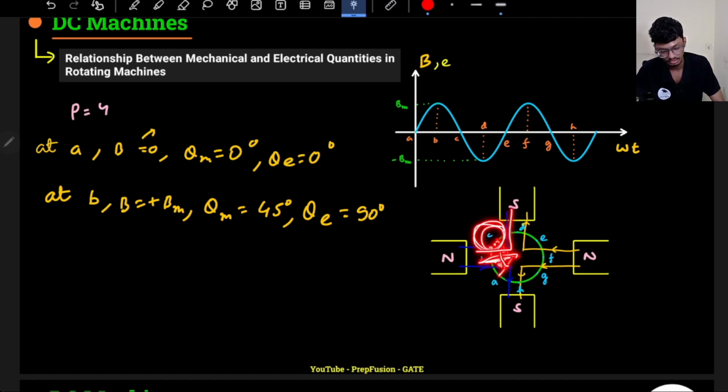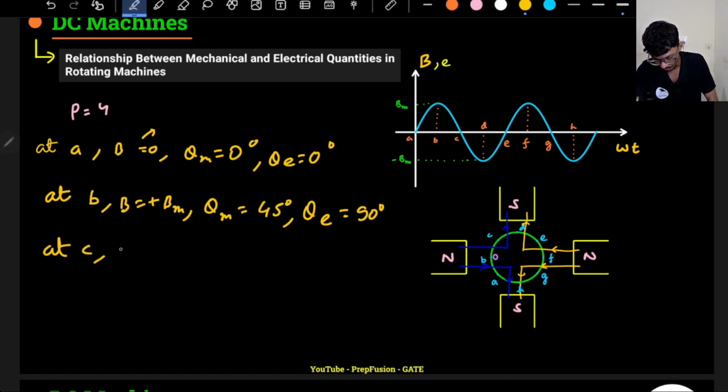No flux lines are crossing through here. Physically I have moved 90 degrees, and the flux density is 0, which means this is the point where theta is 180 degrees. So at C my magnetic flux density is 0, my theta m is 90 because I have rotated physically 90 degrees, and theta e is actually 180.